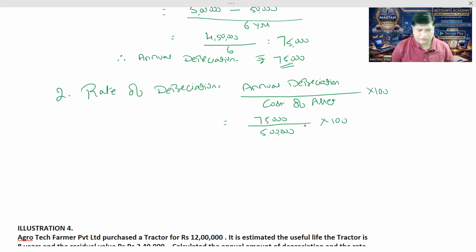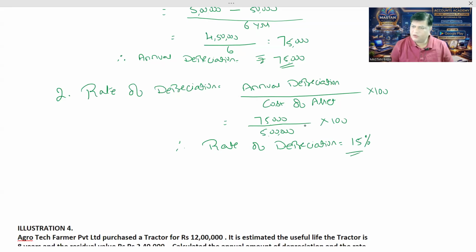On 5 lakhs, how much do you get? Very simple: 75,000 divided by 5 lakhs into 100. So obviously you get 15%. On 5 lakhs, 15% is 75,000.